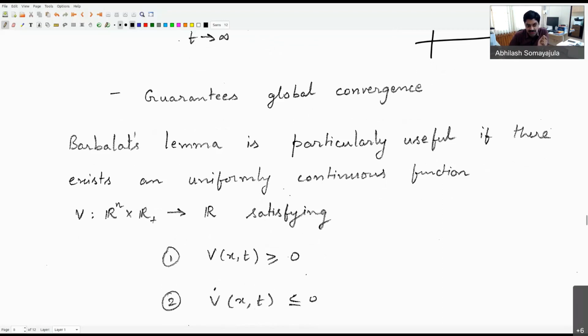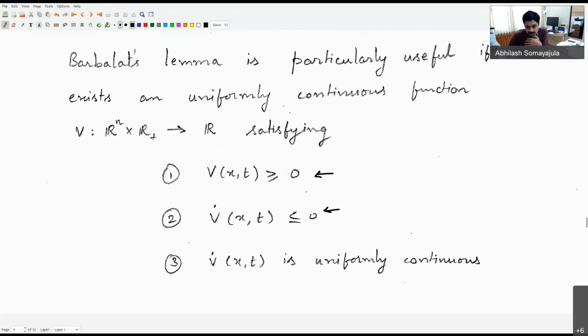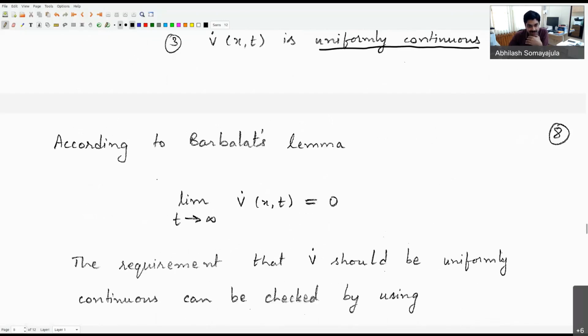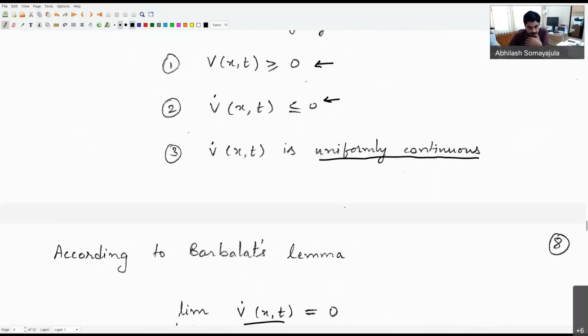V is a function of x comma t, instead of previously simply being V of x. So if this function satisfies V greater than or equal to 0 and V dot less than or equal to 0, and V dot is uniformly continuous, then according to Barbalat's lemma, we have that the limit as t tends to infinity of V dot will be equal to 0.